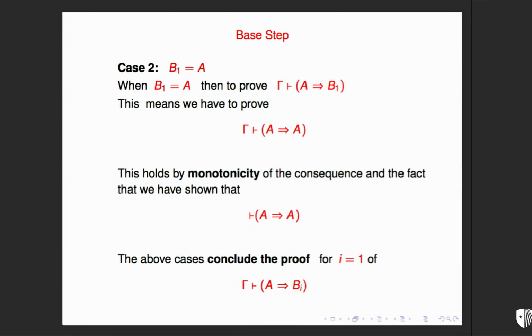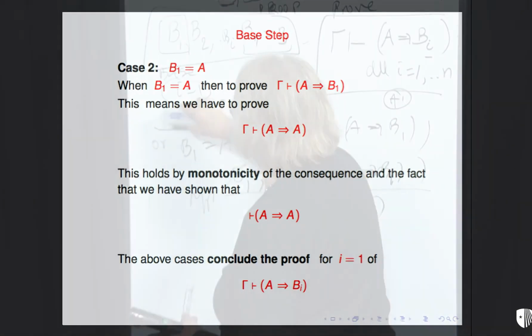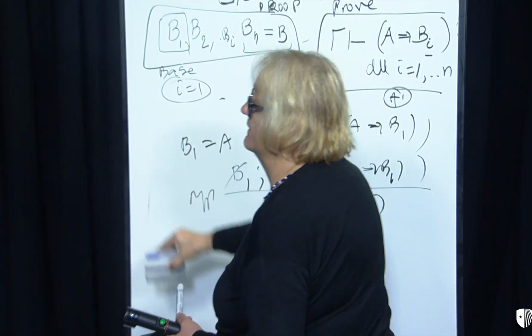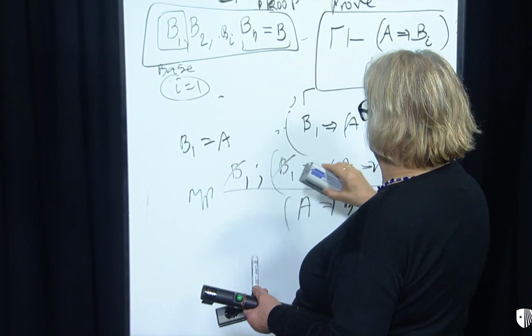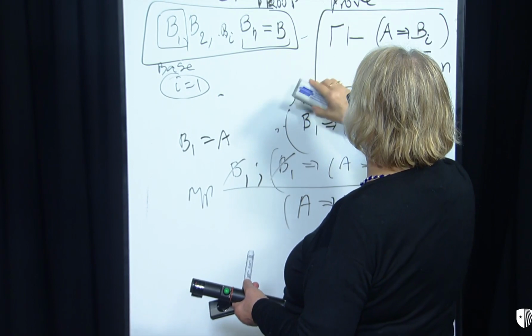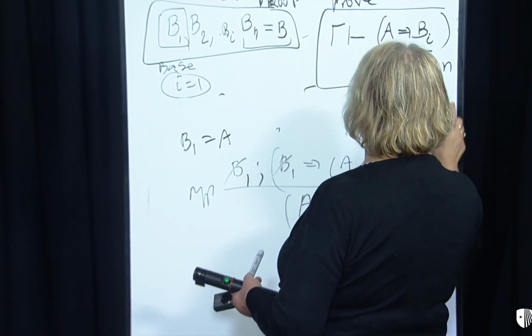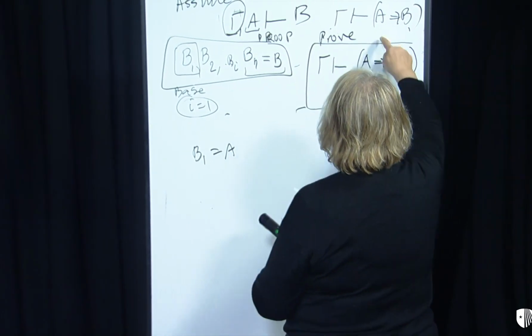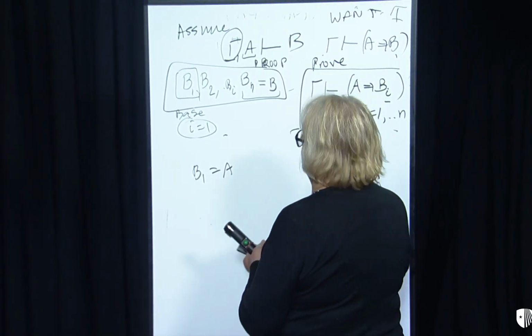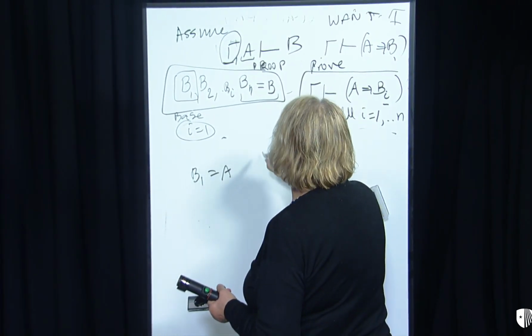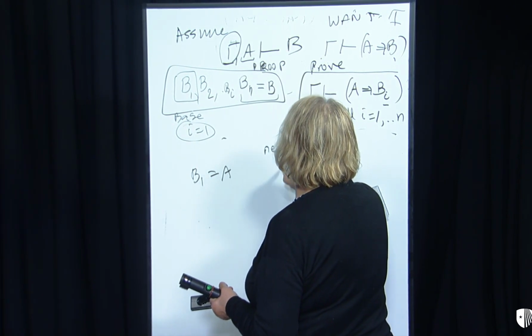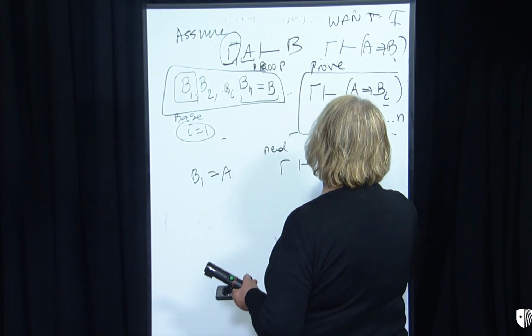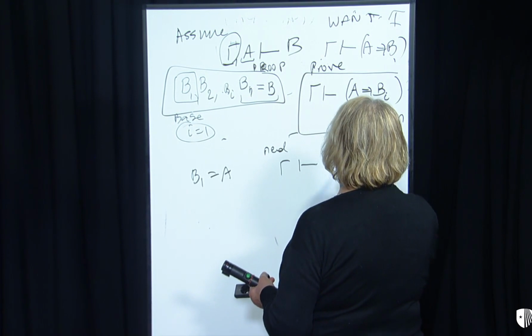And case 2, when B1 is A. What does it mean? If B1 is A, I need to prove that gamma proves A implies A, right?